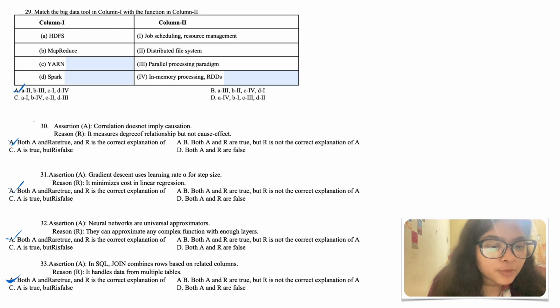Neural networks are universal approximators. They can approximate any complex function with enough layers. Neural networks are indeed called universal approximators. They can actually approximate any complex function if they have at least one hidden layer.